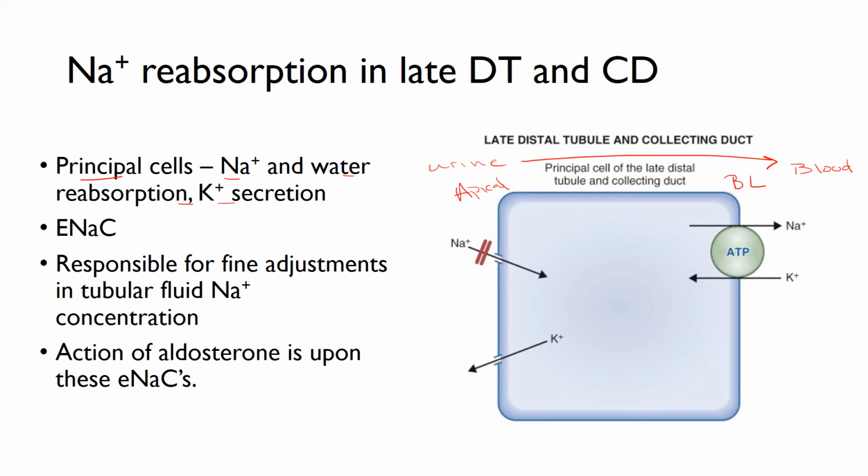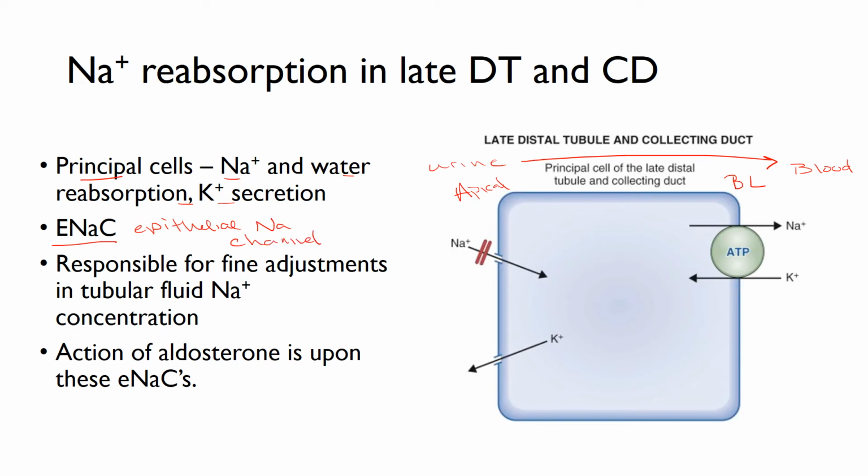Beginning first with sodium. Sodium has to cross the apical membrane. Now earlier in the nephron, like the proximal tubule and the thick ascending limb, sodium entered either with a buddy or as a cotransporter. Regardless, all those different cotransporters transported sodium with something else. This is a different type of situation now. Rather than a cotransporter, we have what we call an ENaC. ENaC stands for epithelial sodium channel.